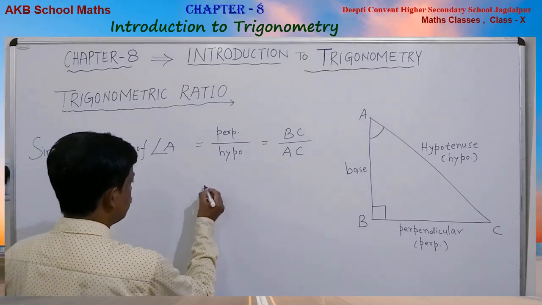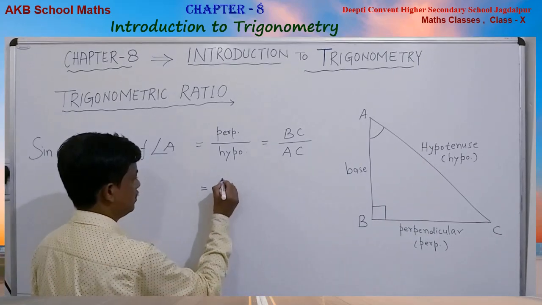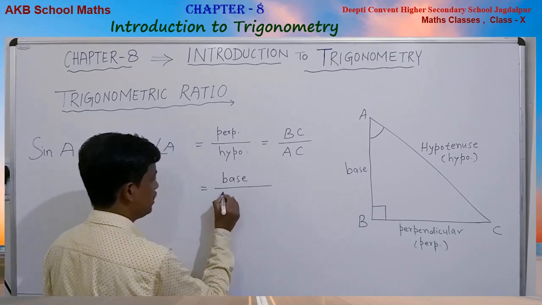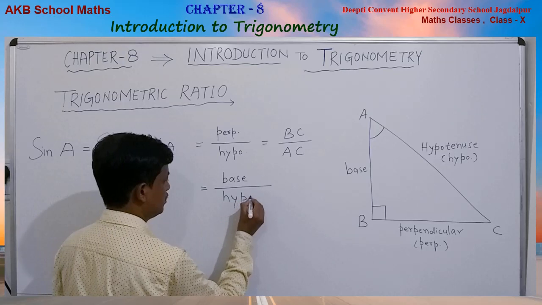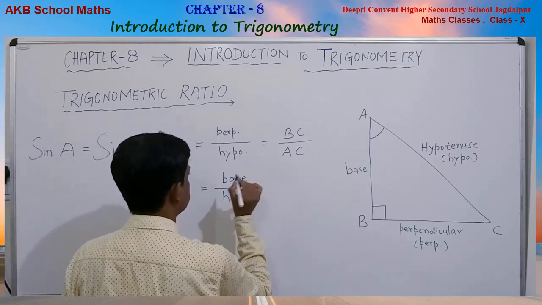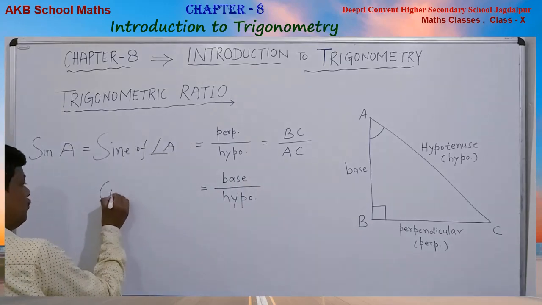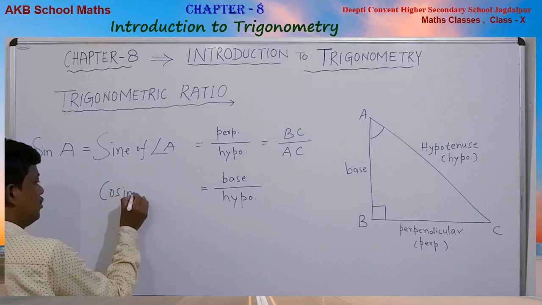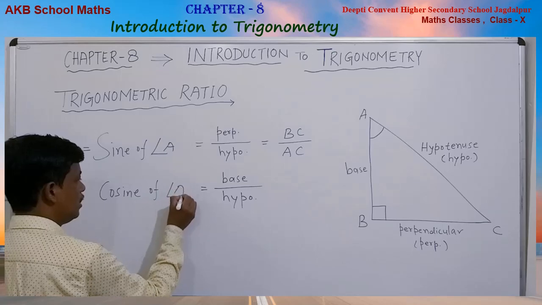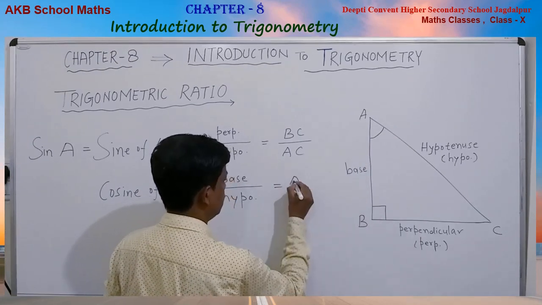Similarly, you can combine base by hypotenuse. We can also make this ratio. This is defined as cosine of angle A, that is AB upon AC.